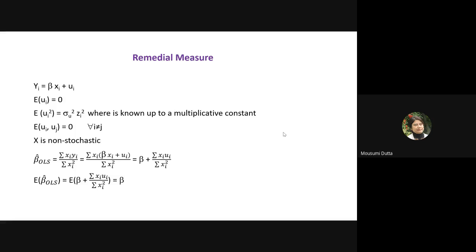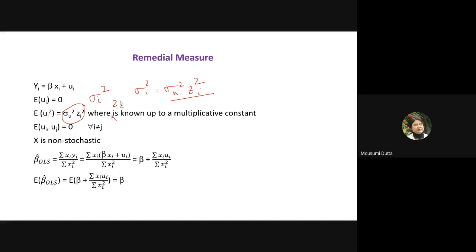Instead of writing this as sigma i square, I am writing a constant multiplied with the variable counterpart, which is making it variable, where zi is known up to a multiplicative constant.